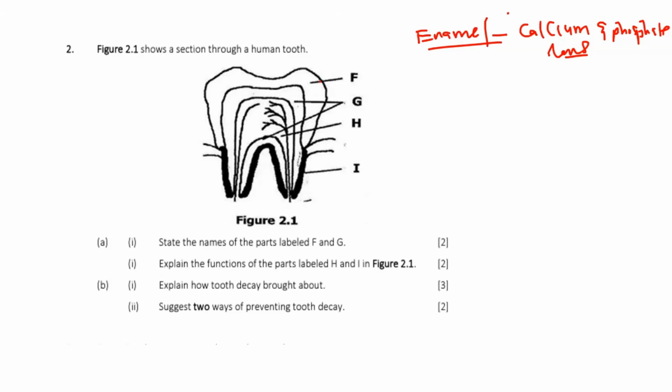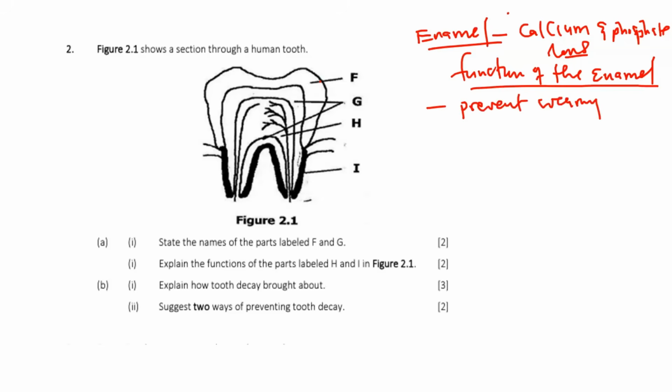By the way, this is the hardest material of the teeth, or should I say the hardest material in the body. So the function we are saying is prevent wearing away of the teeth. That is one of the functions of the enamel.